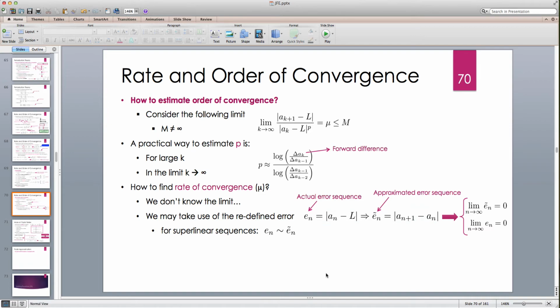All right. So for superlinear sequences, we can say that e_n is asymptotic to e_n tilde. That means that if we start with the forward difference sequence, it actually approaches the original error sequence. All right.